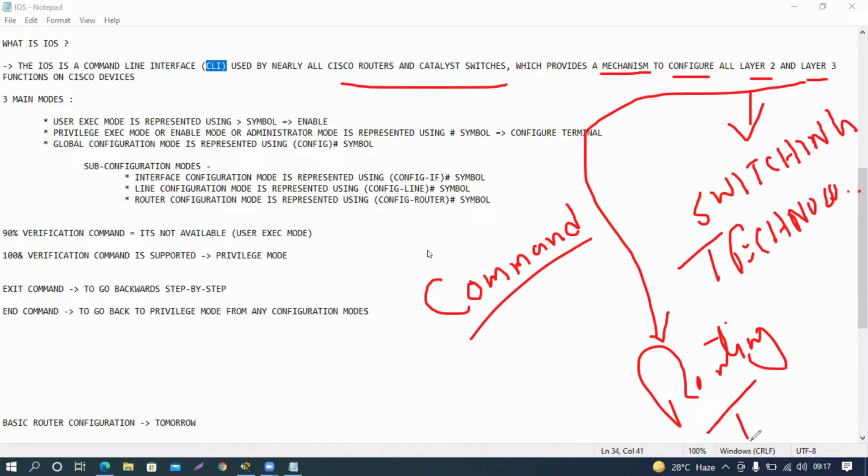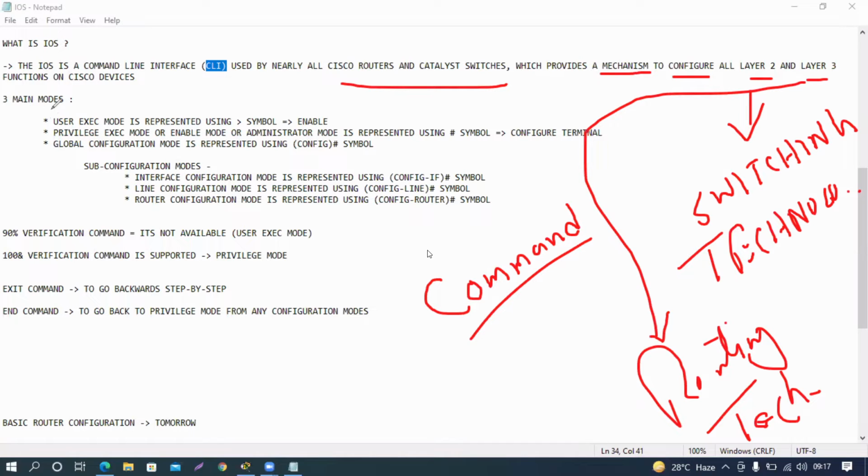Okay, routing technologies. This is exactly what iOS is giving you, the mechanism by which you can configure all these layer 2 and layer 3 functions. Okay, layer 2 means switching, and layer 3 means routing.